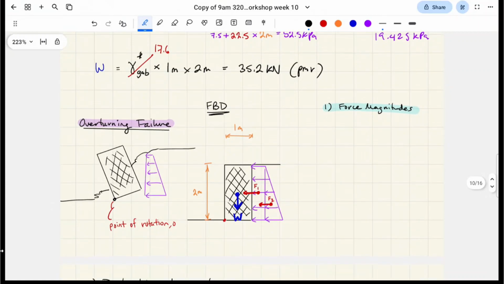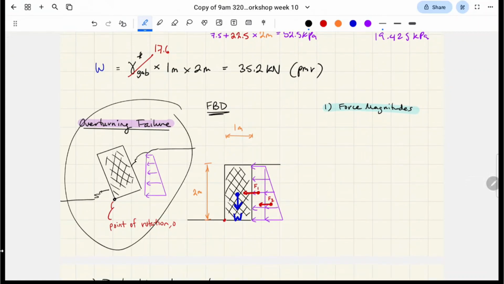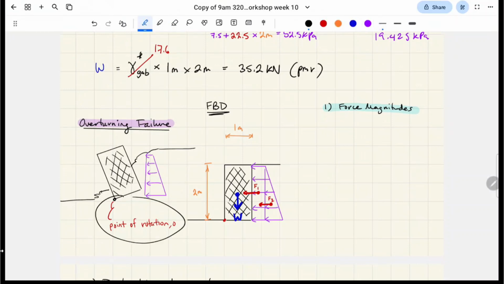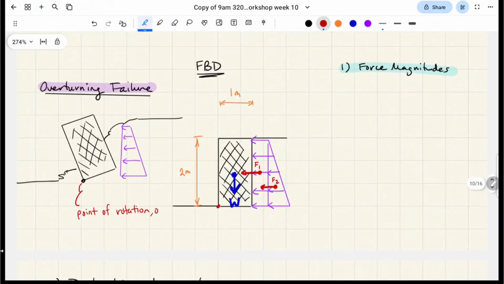Okay, this is just for context. You don't have to draw this. In fact, I recommend you don't draw this every time you do a question, but it's so you know what we're talking about. Overturning has to do with the moments about the point of rotation, O, which we're going to take as the corner of the toe. This lateral earth pressure is going to cause the wall to spin and overturn.